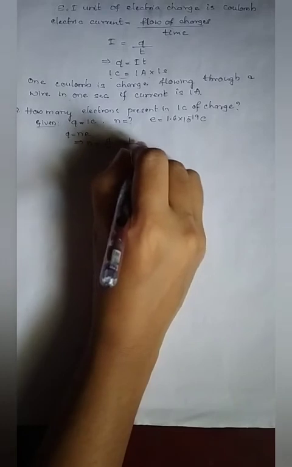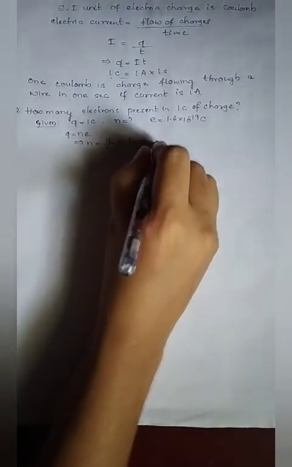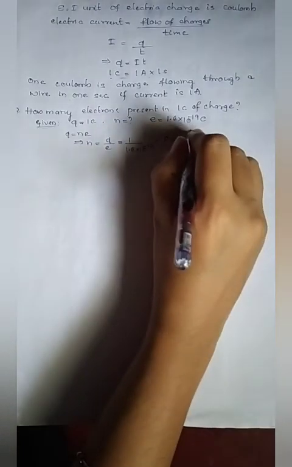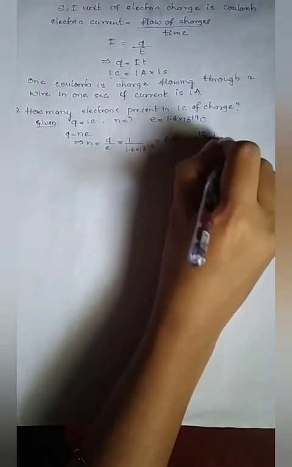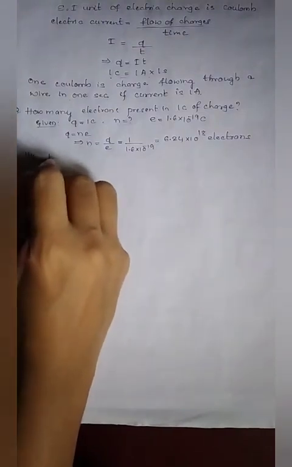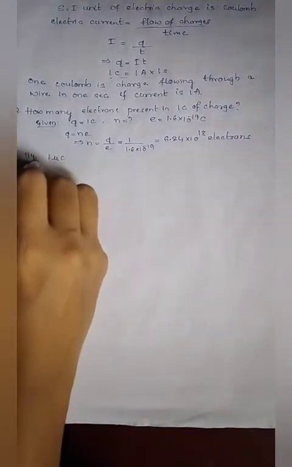Q equal to 1 coulomb, e equal to 1.6 into 10 raised to minus 19, which is equal to 6.24 into 10 raised to 18 electrons. So 6.24 into 10 raised to 18 electrons are present in 1 coulomb of charge. Similarly, if you consider 1 microcoulomb of charge, Q equal to 1 microcoulomb, how many electrons will be present?